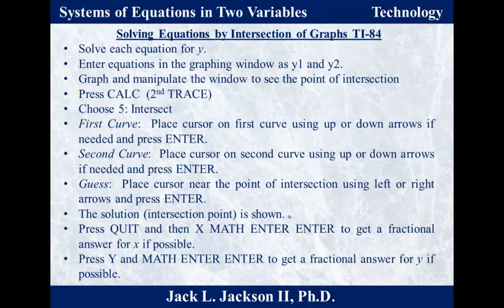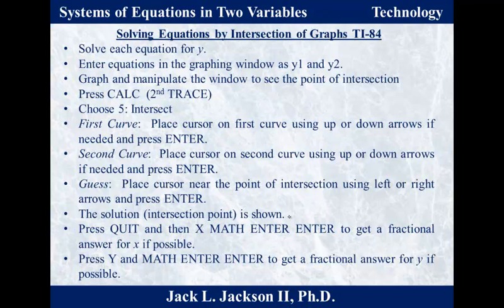Press quit, which is second mode, and then type X, and then do math, and then enter, and then enter again, and that will change it to a fraction. And if you do Y, alpha something is Y, that will give you the letter Y, and then press the math button, and then enter twice.